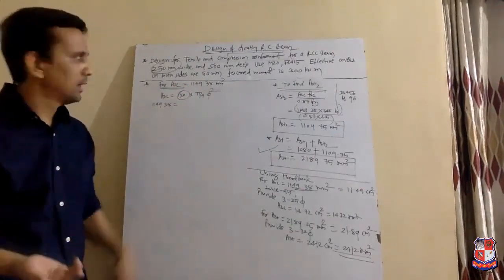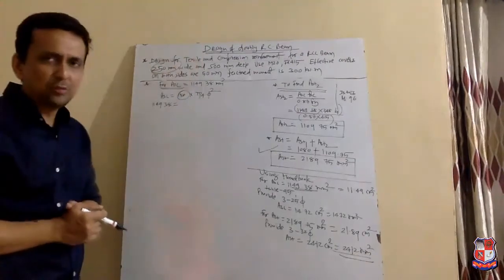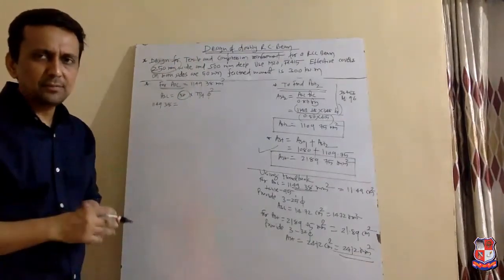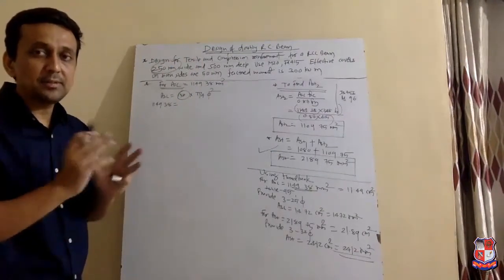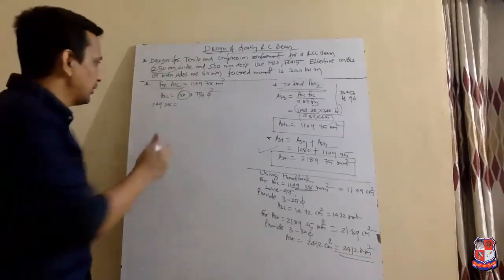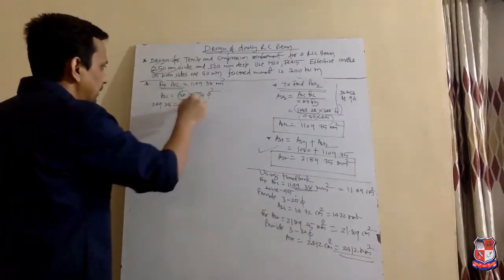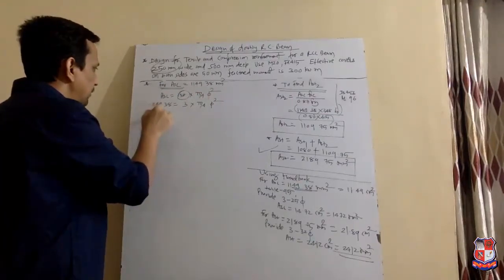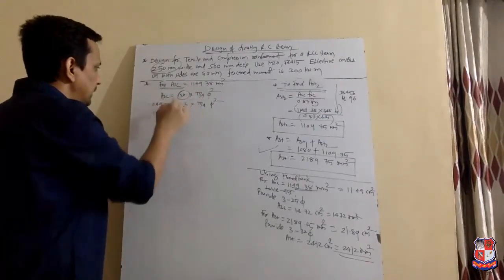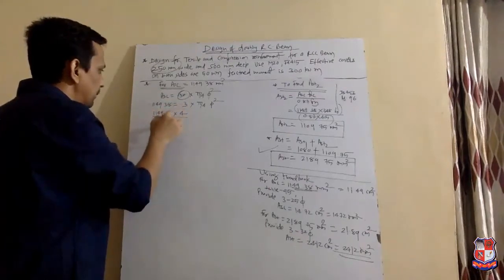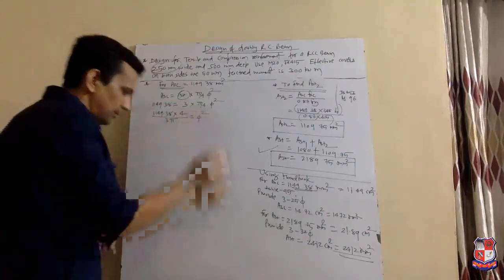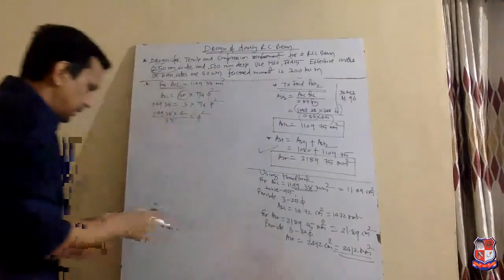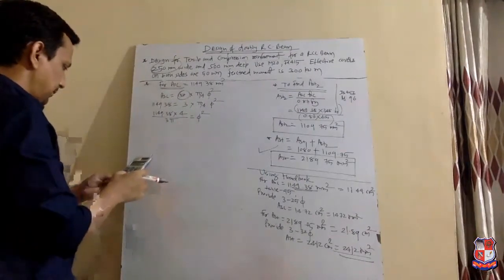It's up to us. Here the width of the beam is 250, so if we provide 4 number, I think it may not satisfy the spacing criteria. So let's try 3 number first. 3 into pi by 4 d square equals 1149.38, so d square equals 1149.38 into 4 upon 3 pi.